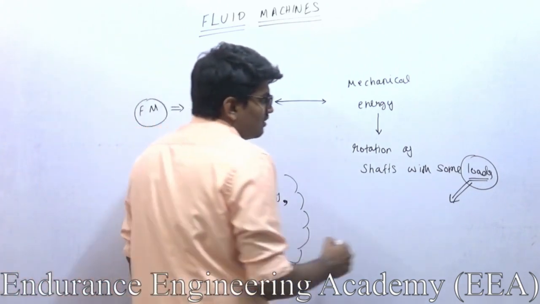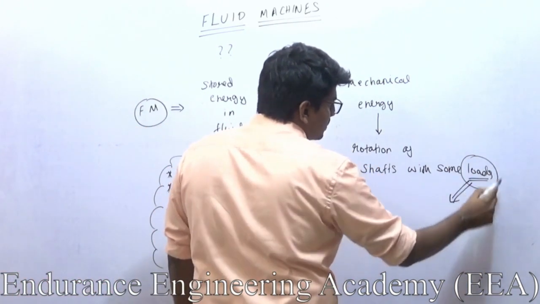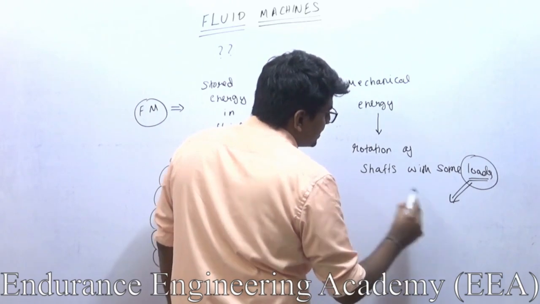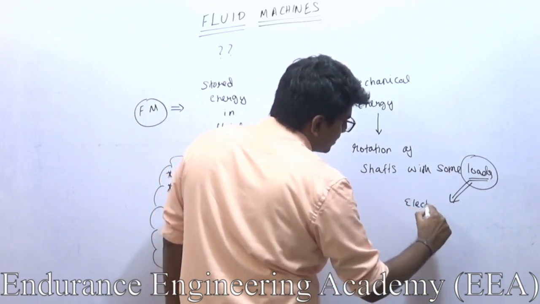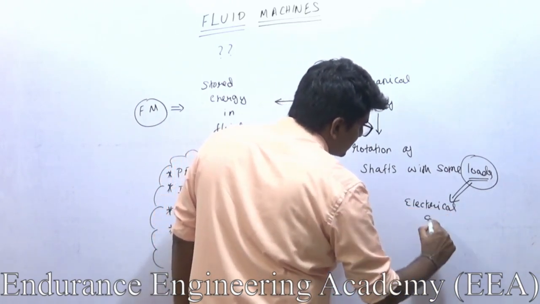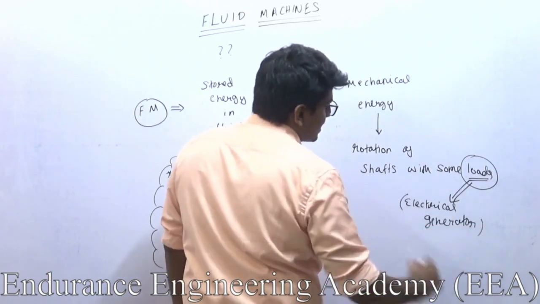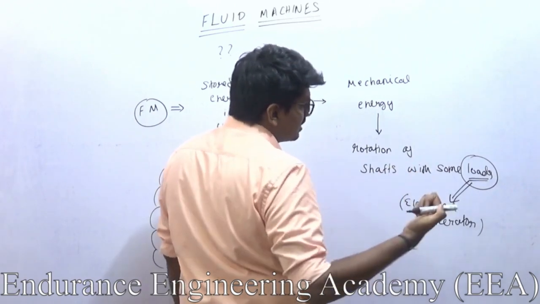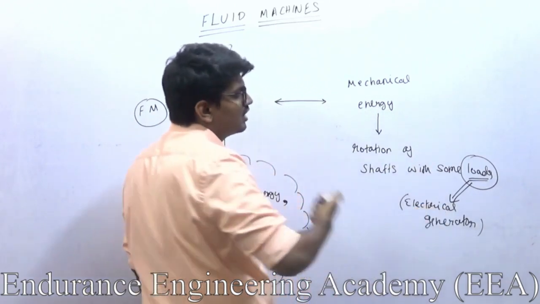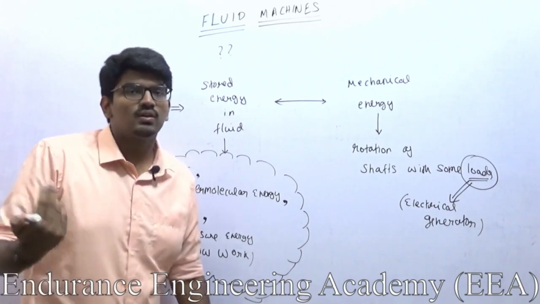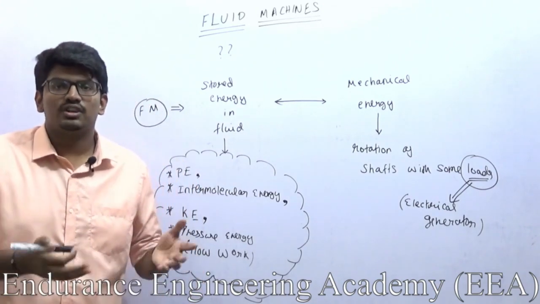The load carried by the shaft is nothing but the electrical generator or alternator. Both are the same, so you can use any word. This electrical generator converts the mechanical energy into electrical energy, and we use that for our purpose.